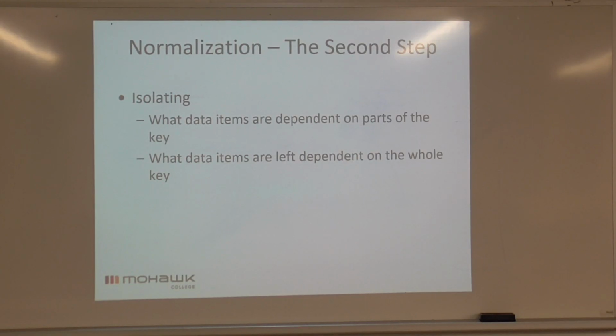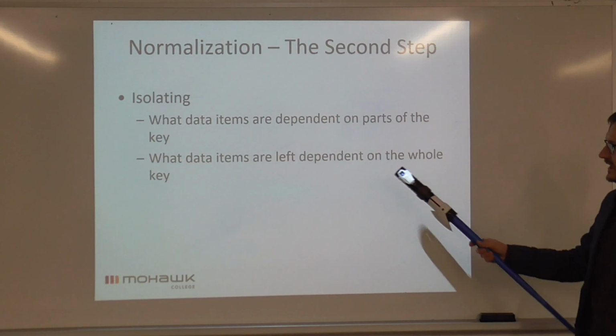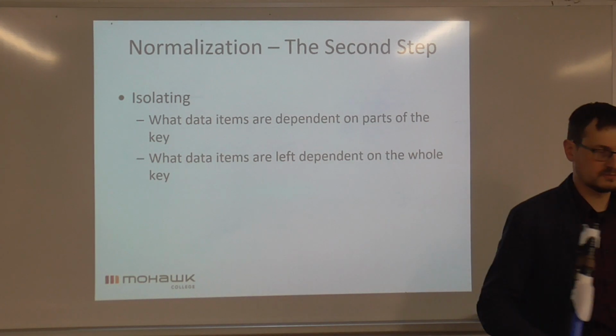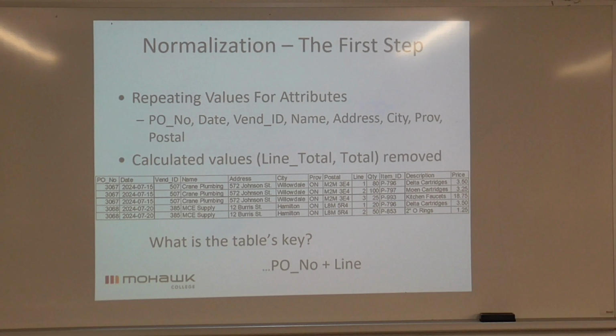Second step: isolating what data items are dependent on the parts of the key, and what data items are left dependent on the whole key. Let's play what's dependent on what. We have eliminated from consideration line total and total.